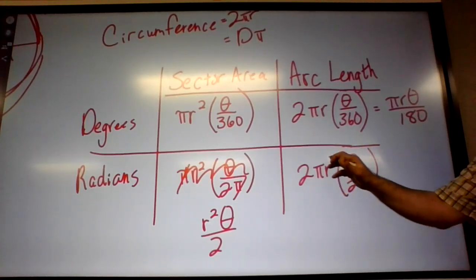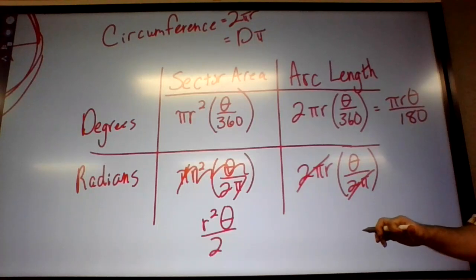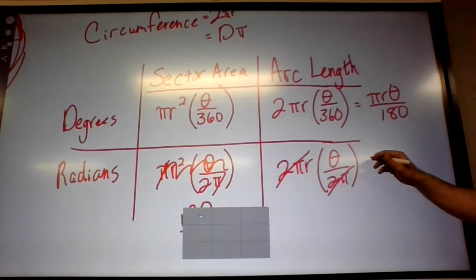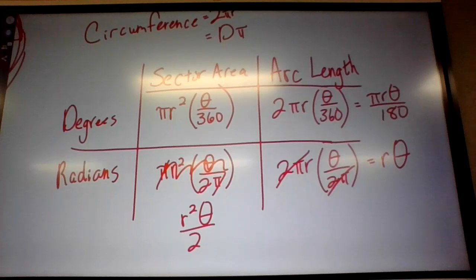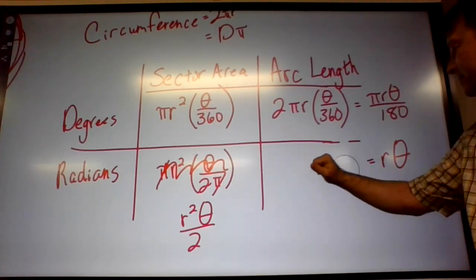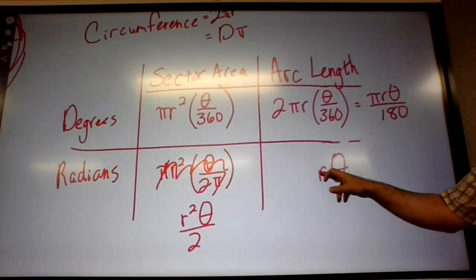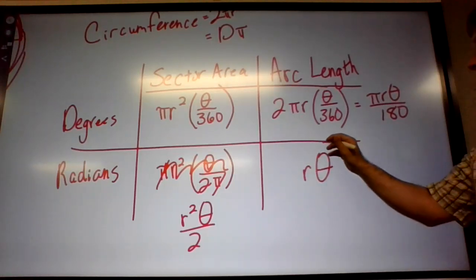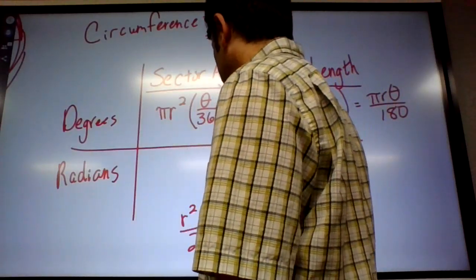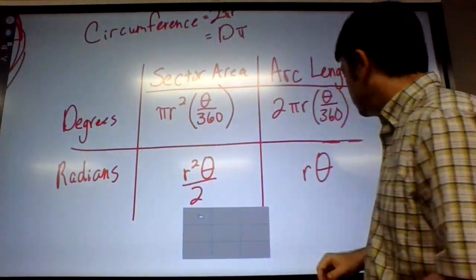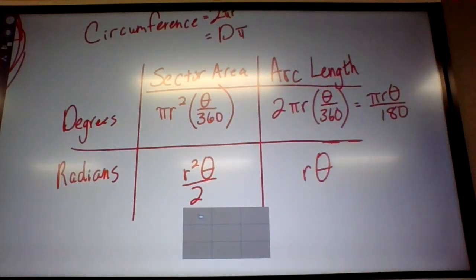And what happens to the 2 pi? They go bye-bye. So the formula is just radius times theta, if you're using radians for the angle. Let's just erase this so it's less cluttered.